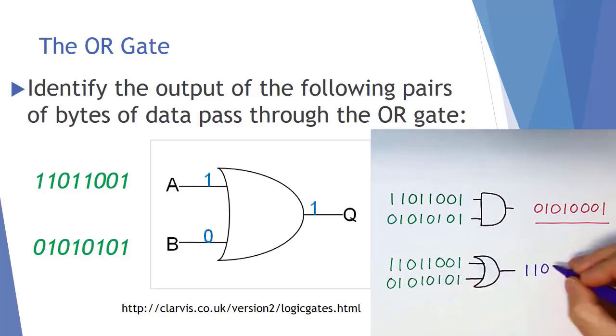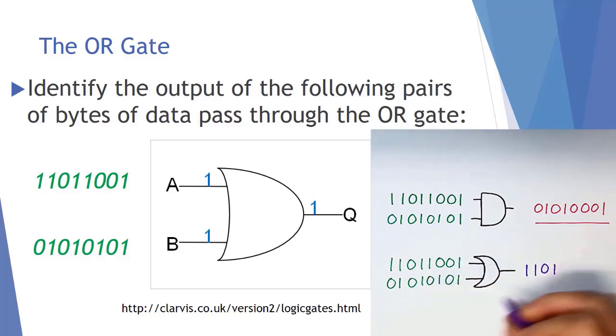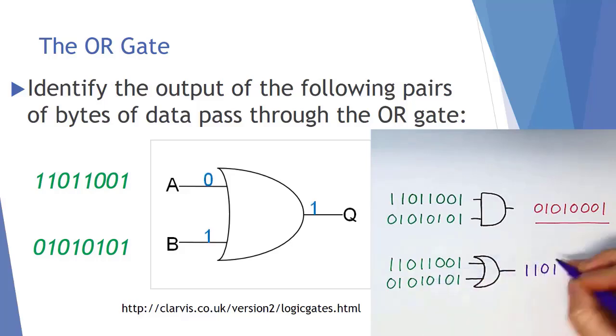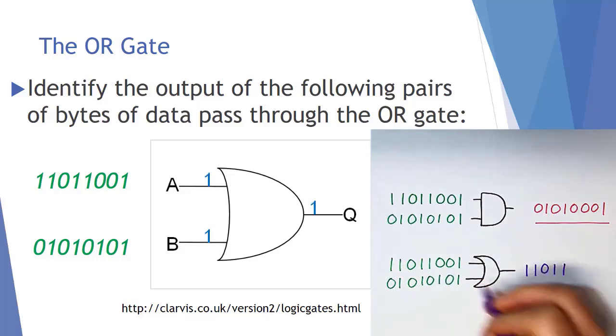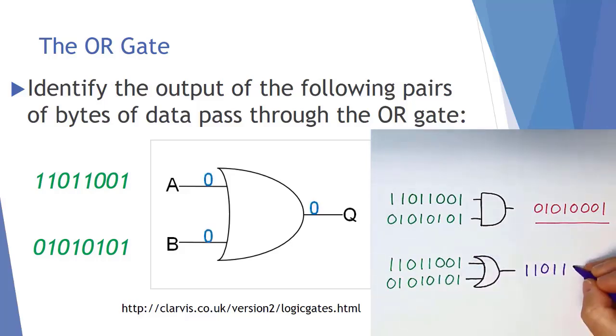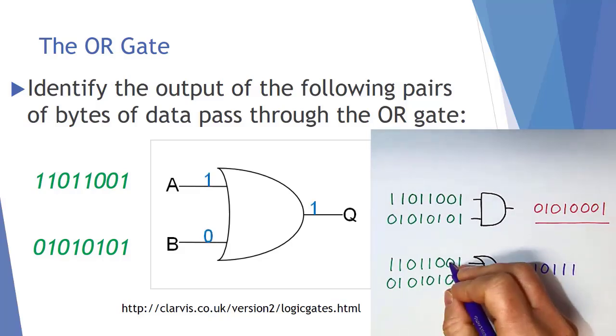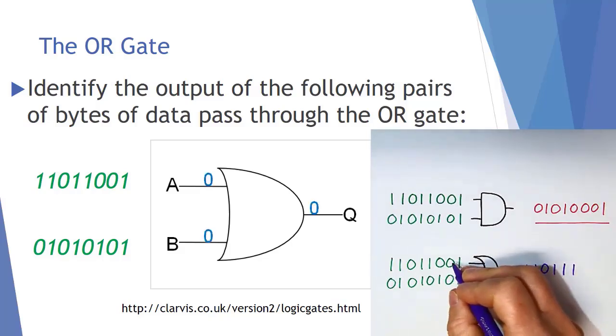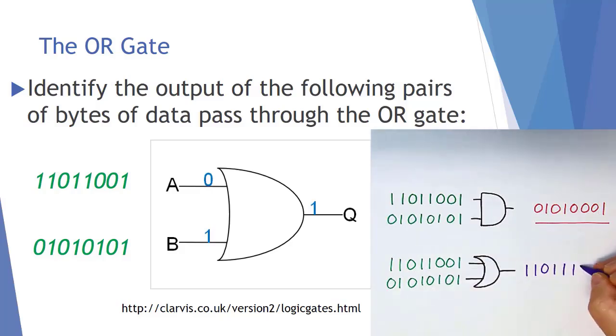Here we have 1 and 1, that's a 1. 1 and 0, well, that gives us a 1. 0 and 1, there we have a 1. There's 0 and 0. We need a 1 here or here, and we don't have one, so that's a 0. And our last bit is also a 1. So there's our 8 output bits. Notice that they're not the same as they were for an AND gate, which is pretty much what you'd expect.